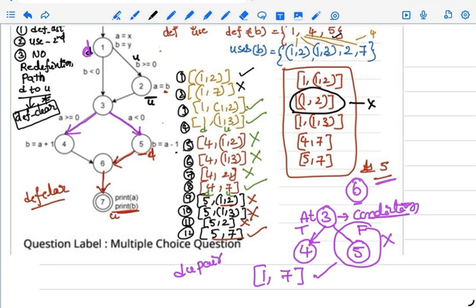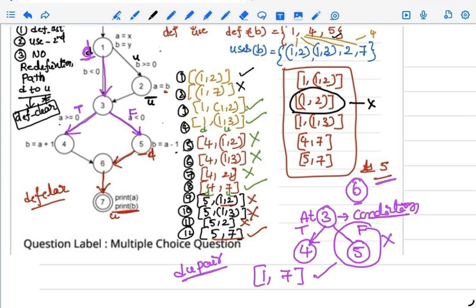How is it considered as a valid du pair? From node 1 to 3 there is a definition, and they consider it without redefinition. For example, if the 3 to 5 branch is false and 3 to 4 is true, node 3 is a condition.